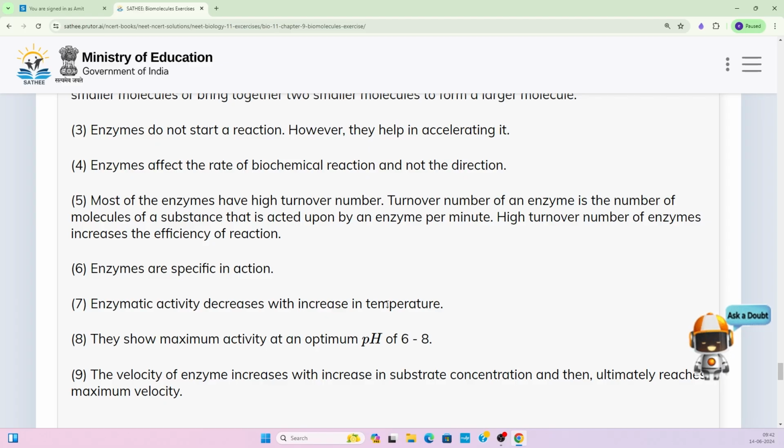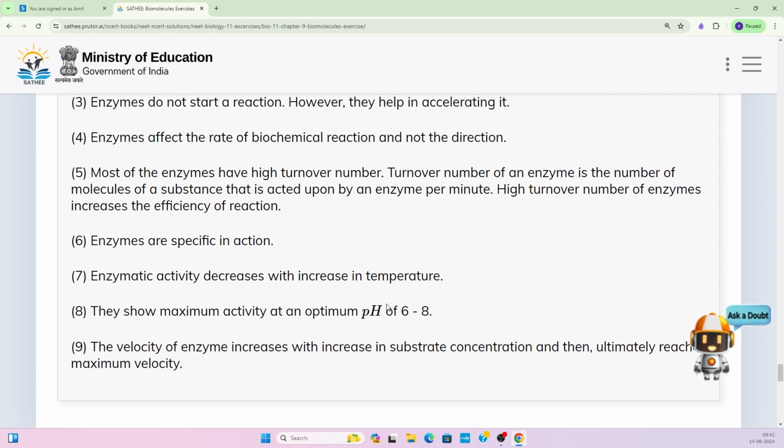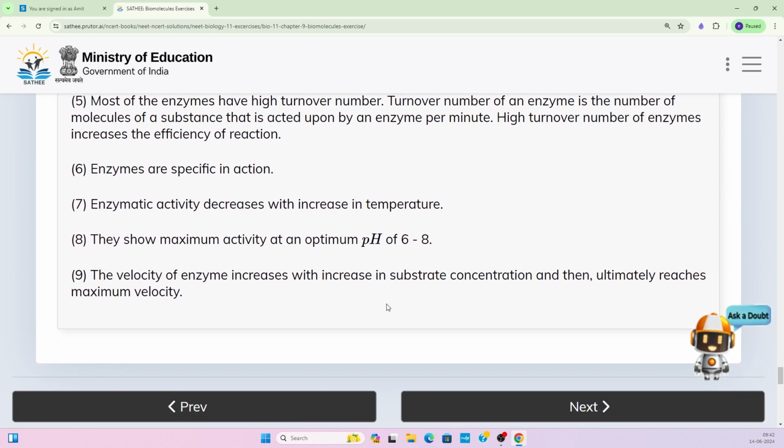The velocity of an enzyme increases with the increase in the substrate concentration and then ultimately reaches the maximum velocity. So if you keep on adding the substrate, the concentration of the substrate increases, then it increases the rate of reaction and it reaches the maximum velocity. So with this, we have completed this chapter.